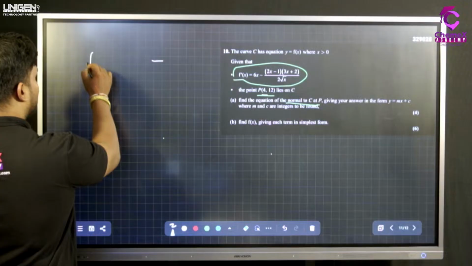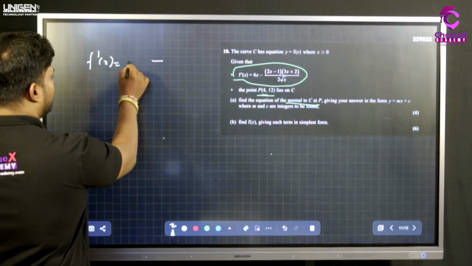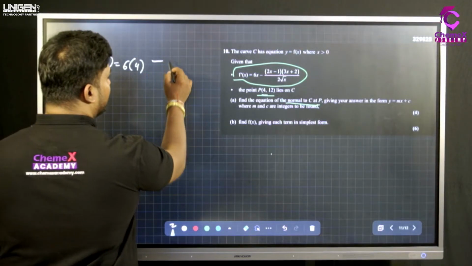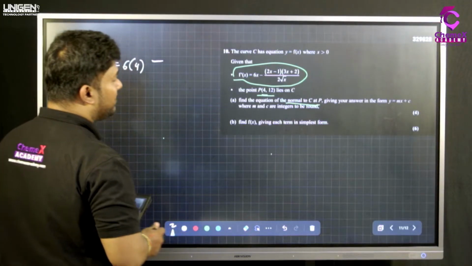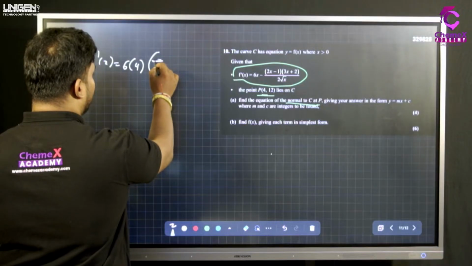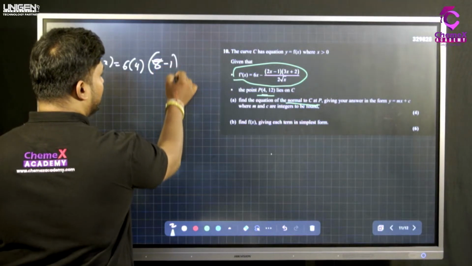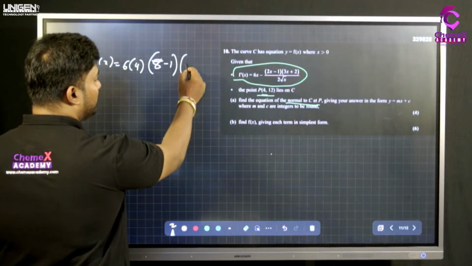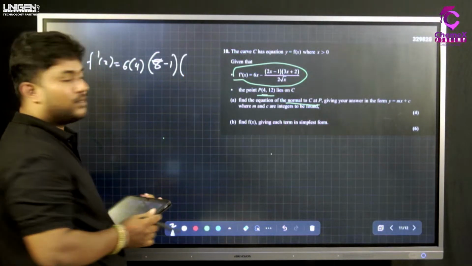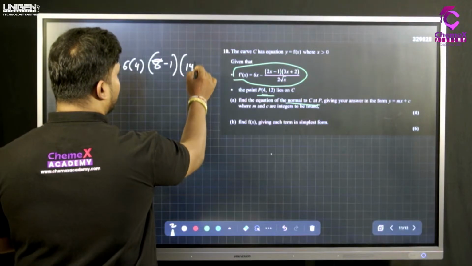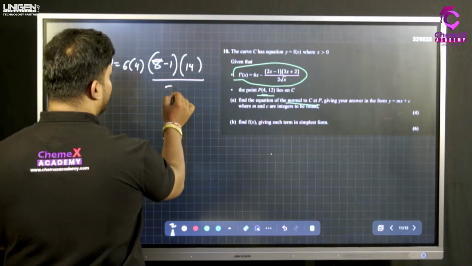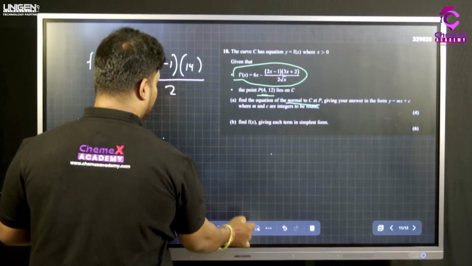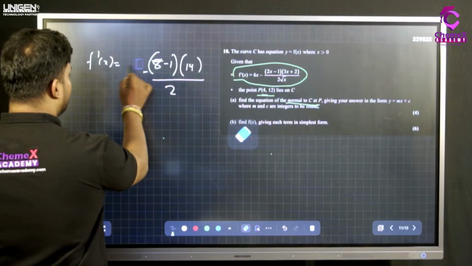f dash x is equal to 6 times, let's put that term in, 6 times 4 minus 2 times 4, which is 8, in brackets, minus 1, and 3 times 4 is 12, 12 plus 2, divided by 2 root 4. I messed it up in the beginning while writing.